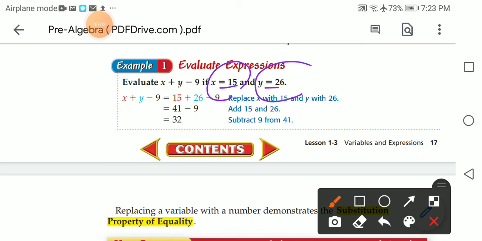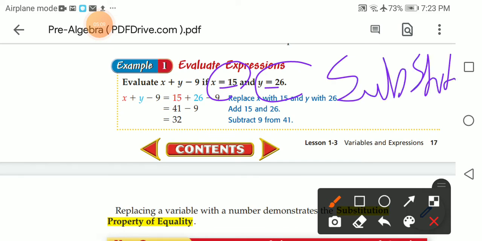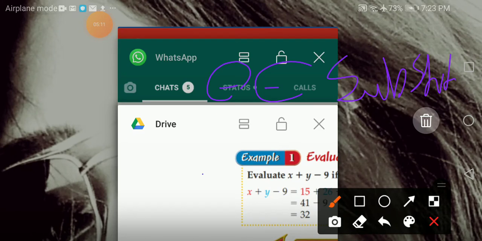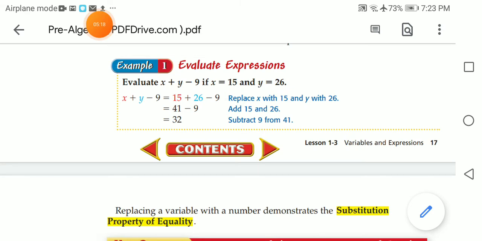Substitute means replace. So replace x with 15 and y with 26.